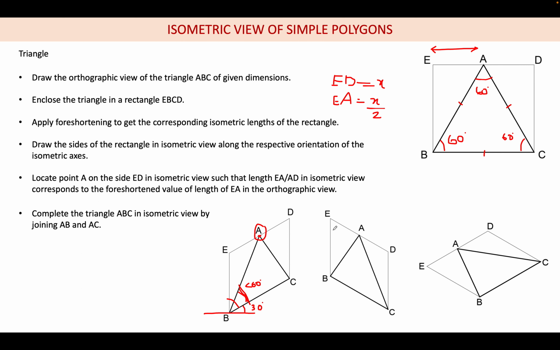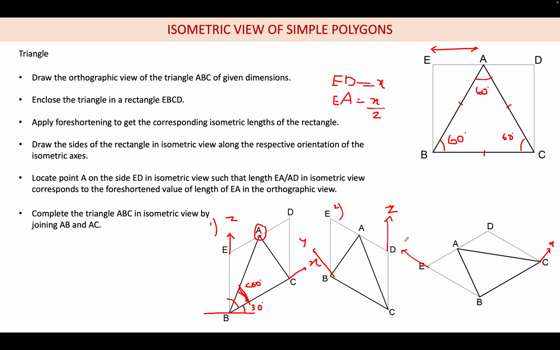So this is for the second orientation. Let us say this is X, this is Z. In this case this will be Z and this will be Y. Here it will be X and Y.